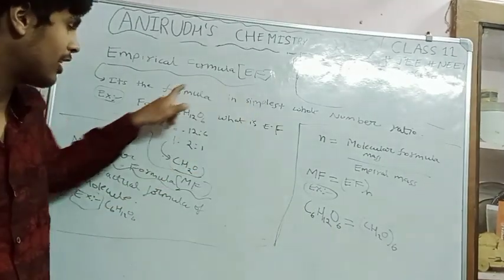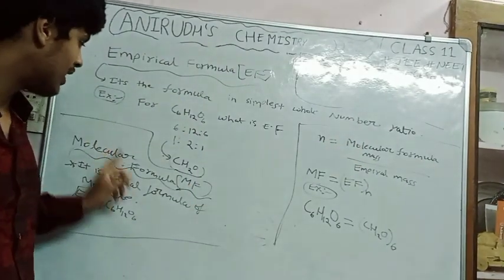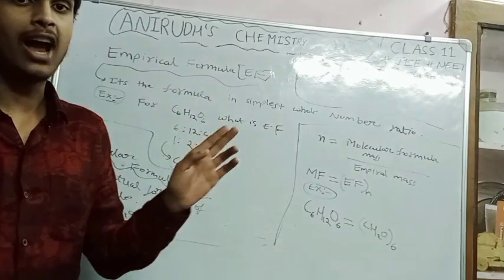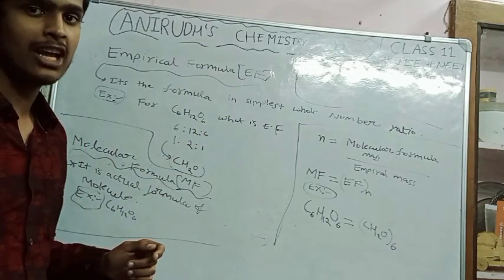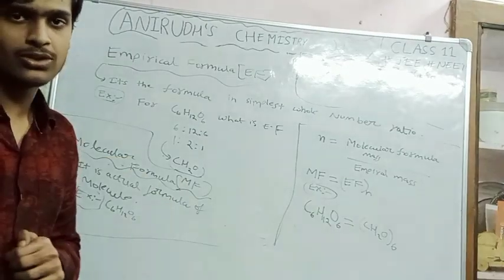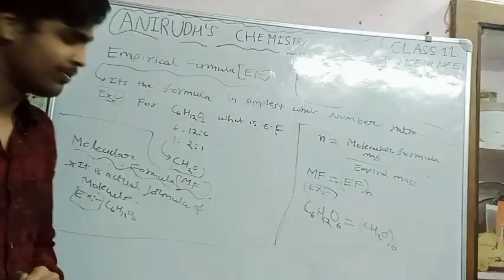There will be the same empirical formula for different molecules, but the molecular formula will be different. Means for sucrose and glucose it will be different. For sucrose it is C12H22O11, and for glucose C6H12O6. The molecular formula, MF, will be different.